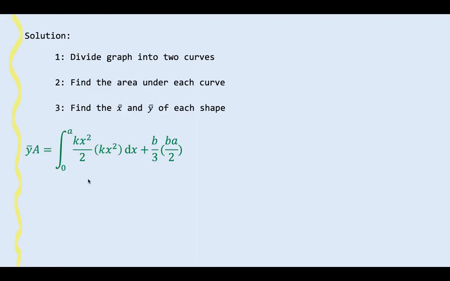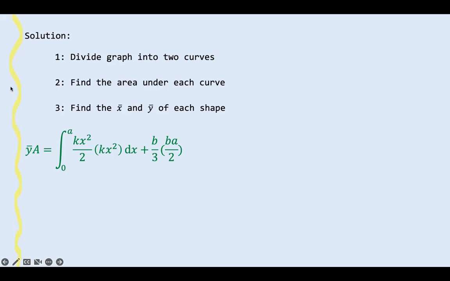First, we have that the y-coordinate of the centroid of the first shape, of the green shape, again, that's why the equation is in green, multiplied by the area of the first green shape is equal to the integral from 0 to a of kx squared over 2 times kx squared times dx.